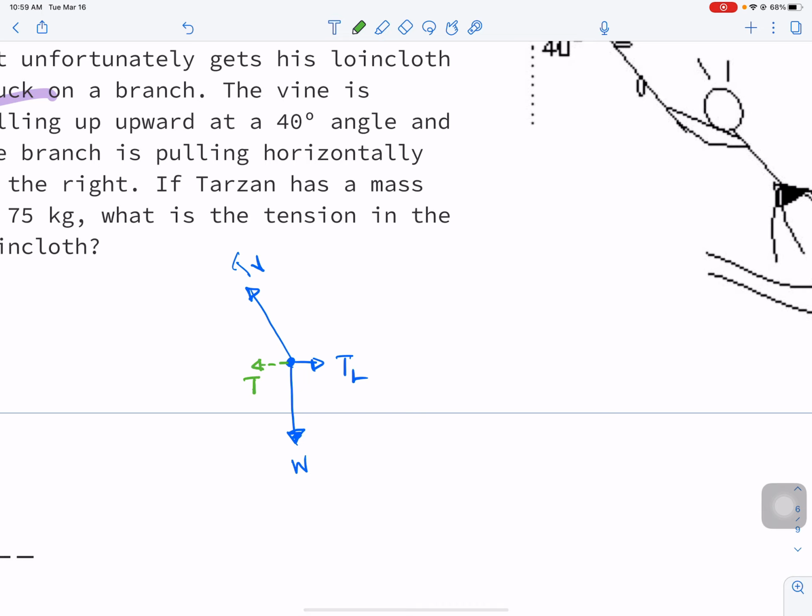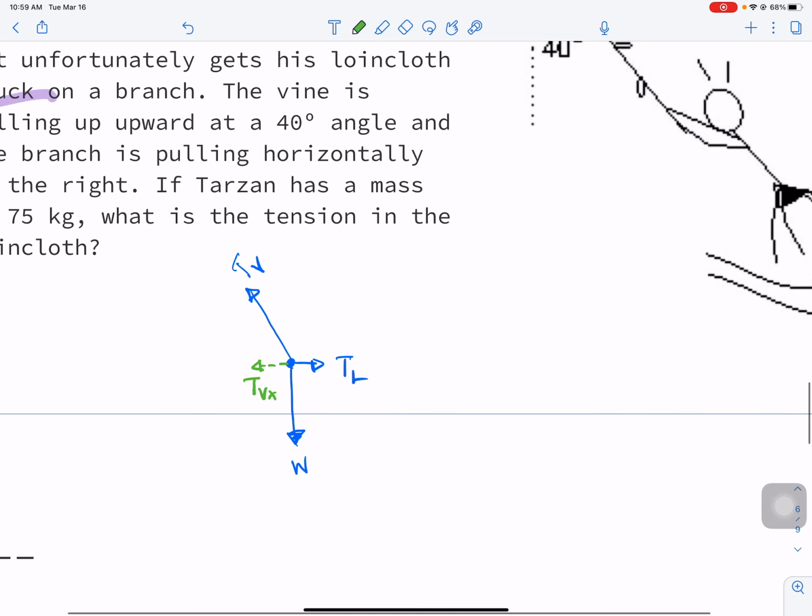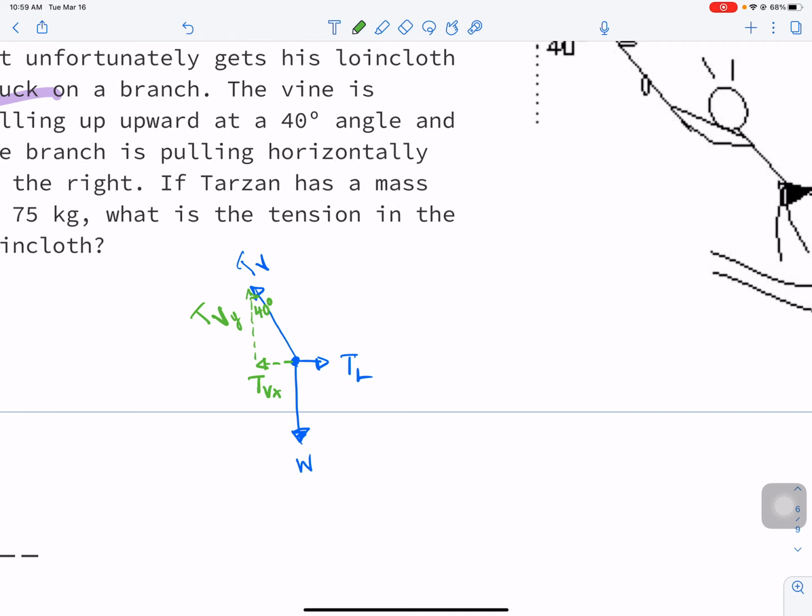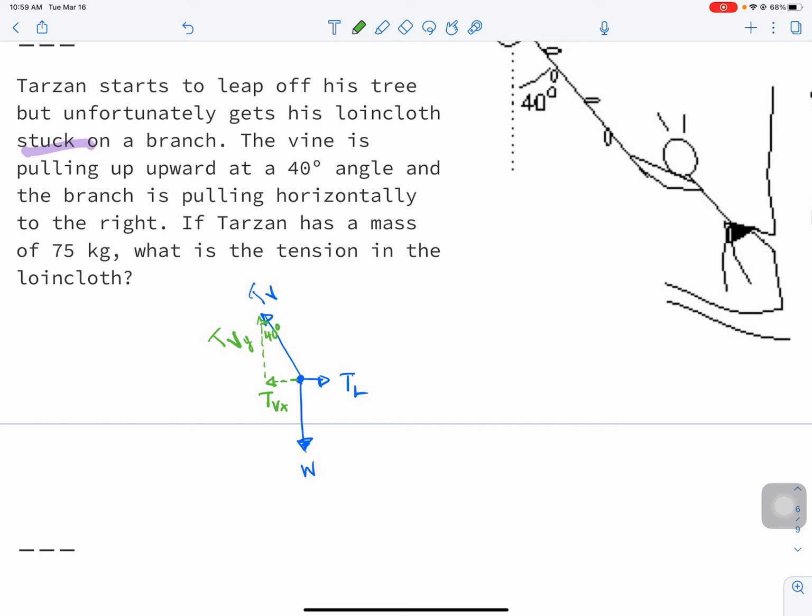So I've got TVX, and I've got tension in the vine in the y direction, and this is a 40-degree angle. So I know that the weight is equal to 75 kilograms. Oh, sorry, I'm doing mass. So 750 newtons. And remember, this is just M times G.